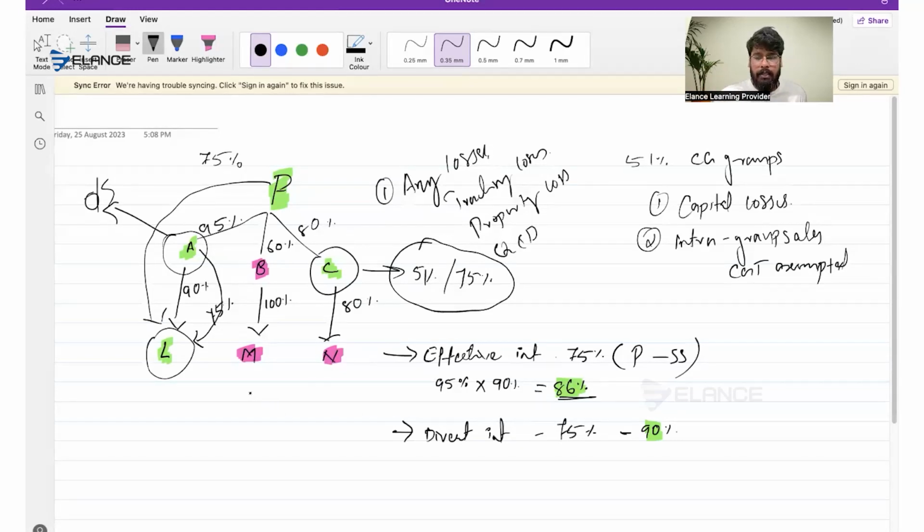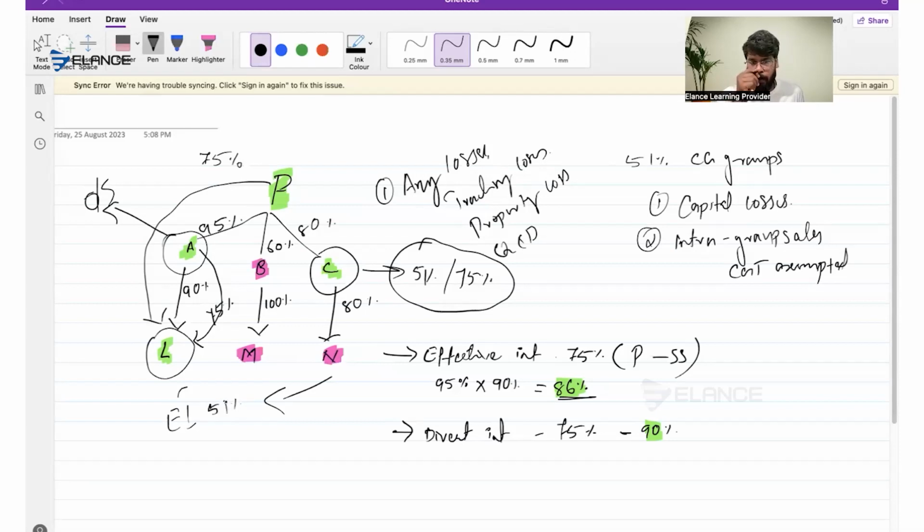And for the sub-subsidiary companies, looking at effective interest, there is a small change in the rules. When it comes to the 51% group, the sub-subsidiary company does not need to have an effective interest of 75%. They only need an effective interest of 51% or more.